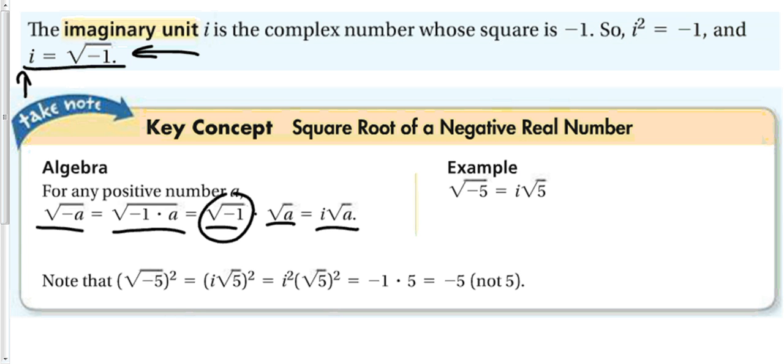So my answer will be i times the square root of a. Seen right here, where the square root of -5 is equal to i times the square root of 5. And note that when we square i's, we get negative numbers, not positive numbers. And we'll get more to this later.